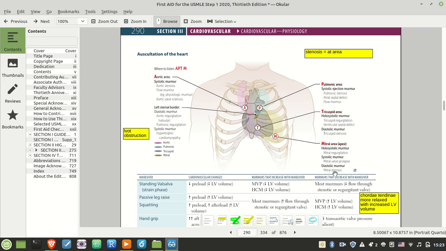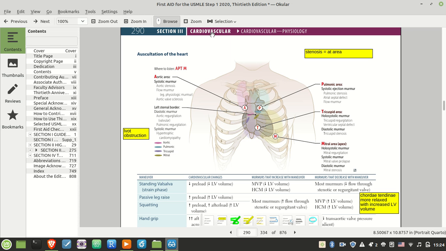Okay, really cool. The next step is just understanding which of them are systolic and which are diastolic. The reason aortic stenosis is a systolic murmur is because you have blood from the left ventricle getting pushed out through the aortic valve, and of course, when the left ventricle contracts, that's systole.